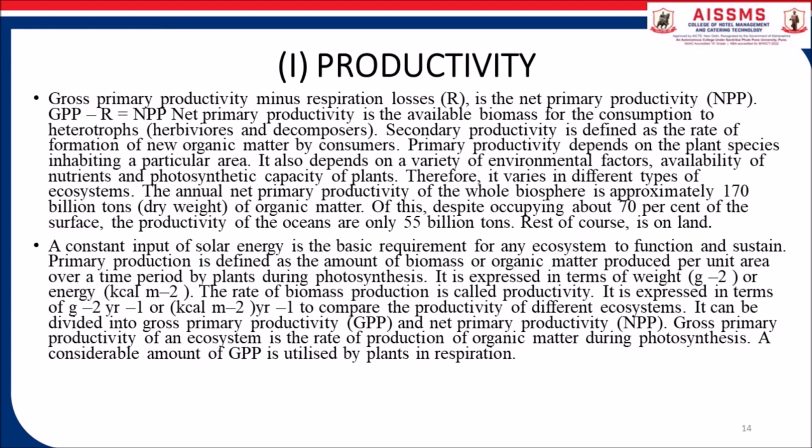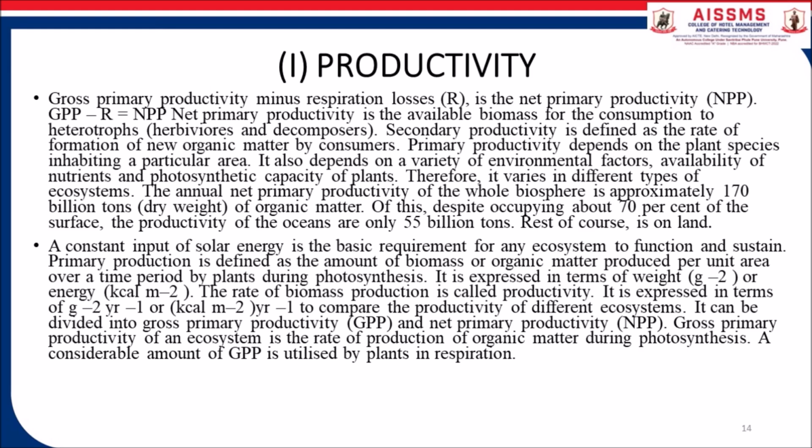It is expressed in terms of grams per square metre per year, to compare the productivity of different ecosystems. It can be divided into gross primary productivity, that is called GPP, and net primary productivity, that is called NPP. Gross primary productivity of an ecosystem is the rate of production of organic matter during photosynthesis.